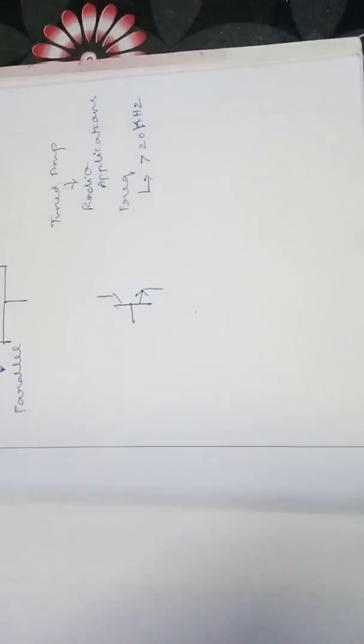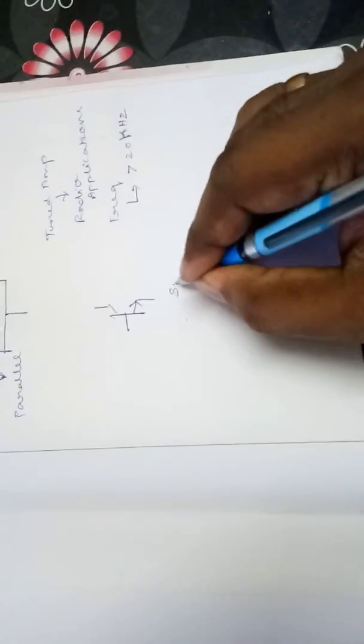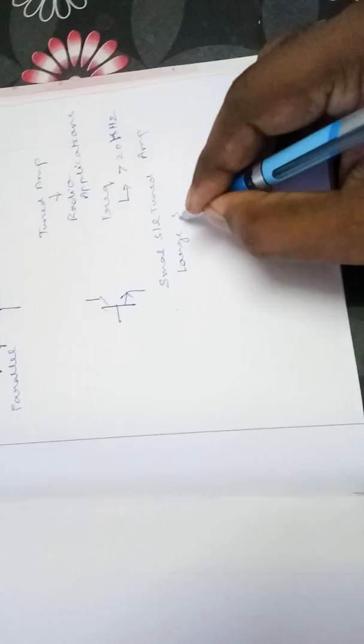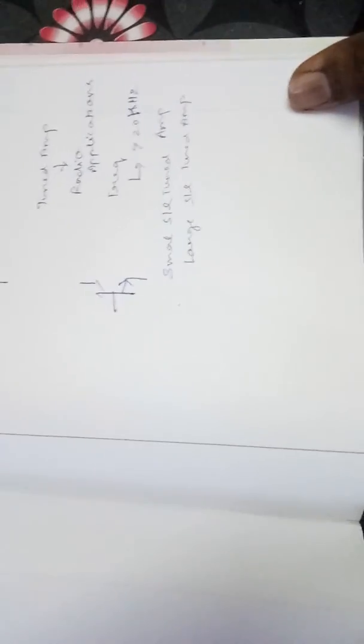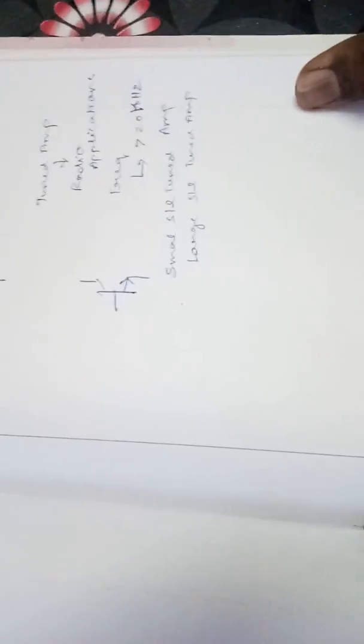So whenever we are processing a tuned amplifier, whether it is a small signal tuned amplifier or a large signal tuned amplifier, remember that the frequency range will lie above 20 kilohertz. We are going to take this frequency into consideration and do an analysis related to single tuned, double tuned and staggered tuned amplifiers.